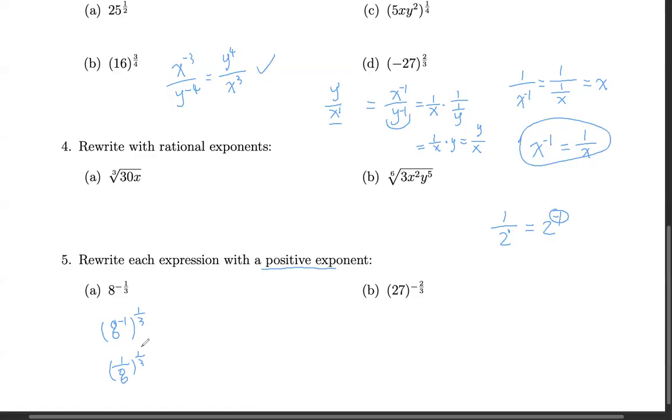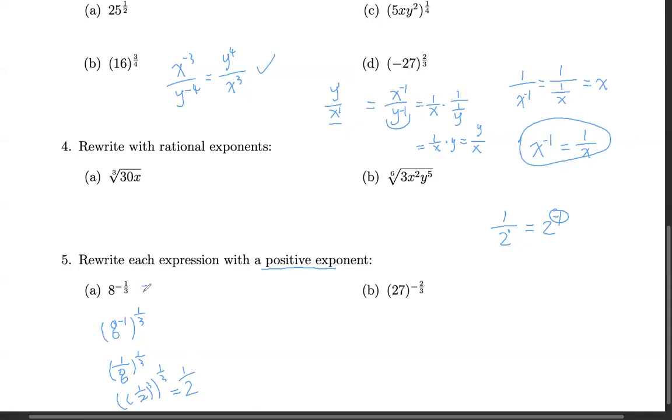Then of course we can rewrite this as half raised by 3, then raised by 1/3, because 1 over 8 is half times half is a quarter, quarter times half is 1 over 8. And then this just becomes 2 raised by 1... not 2, half. We have 1/2.